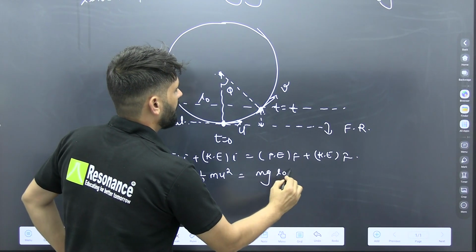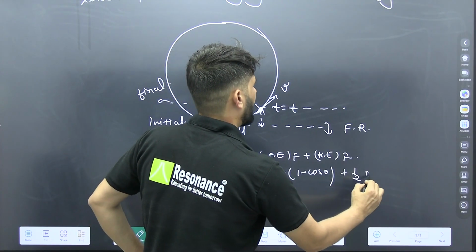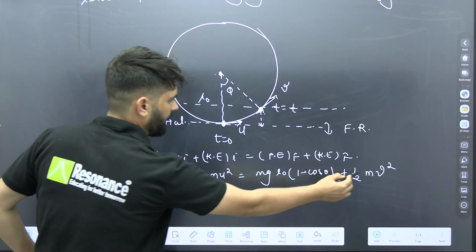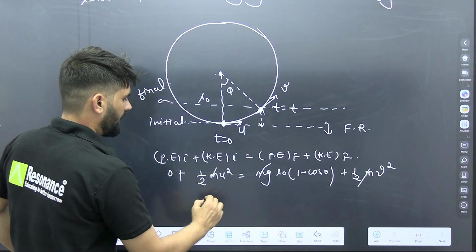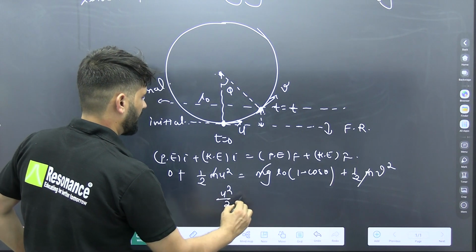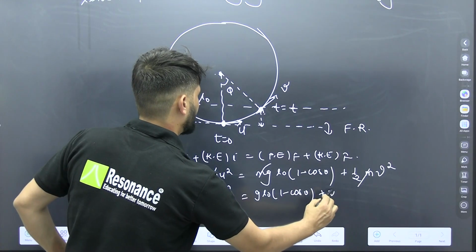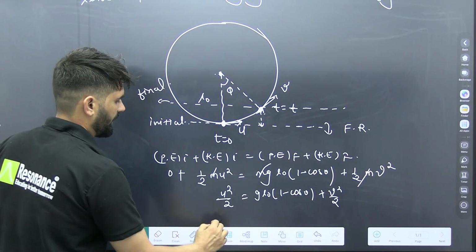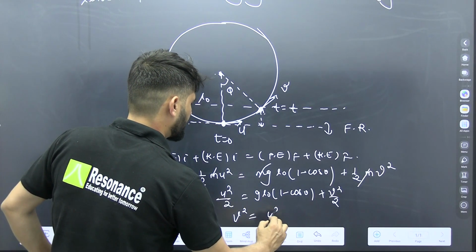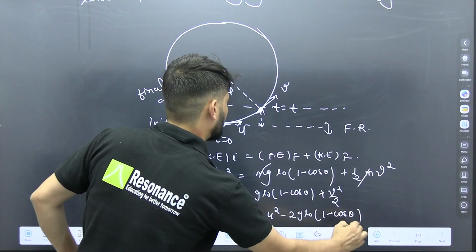So mgL naught 1 minus cos theta plus half m v square. Then m cancels out, and u square by 2 is equal to gL naught 1 minus cos theta plus v square by 2, and we will get v square is equal to u square minus 2gL naught 1 minus cos theta.